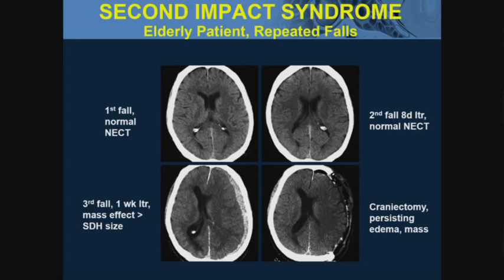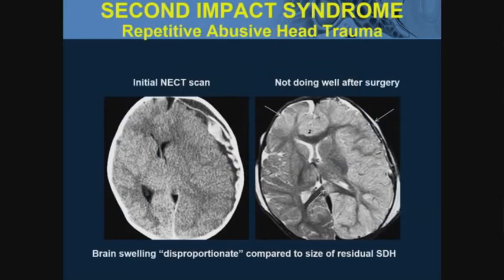If the mass effect is disproportionate to the amount or the thickness of the subdural, suspect excitotoxic brain injury. Alert your neurosurgeons, because they may want to do almost a prophylactic craniectomy to allow the brain swelling to occur. So it's the disproportionate size of the mass effect and the cortical swelling relative to the thin subdural.